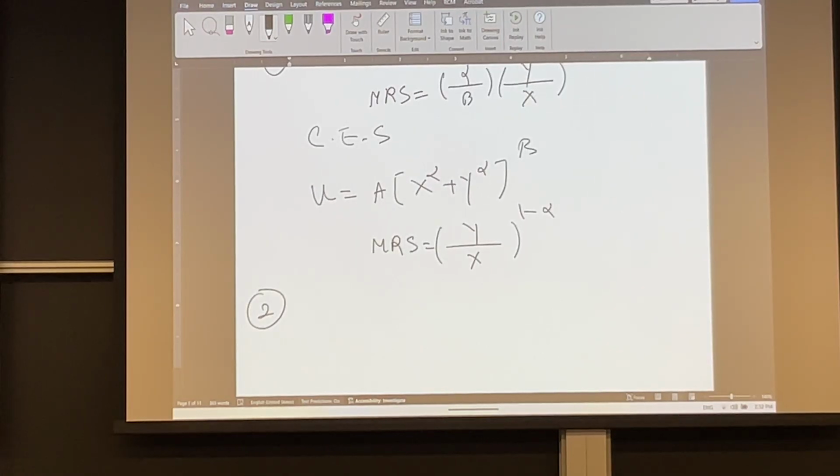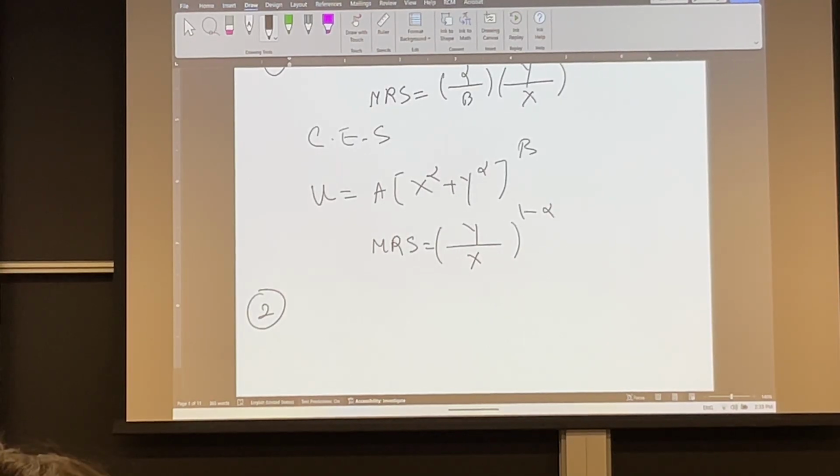Some consumers may look at two goods as perfect substitutes, i.e., MRS for them must be constant. Say, I exchange 2 apples for 1 orange always. Well, that individual's MRS does not change. It's always the same.